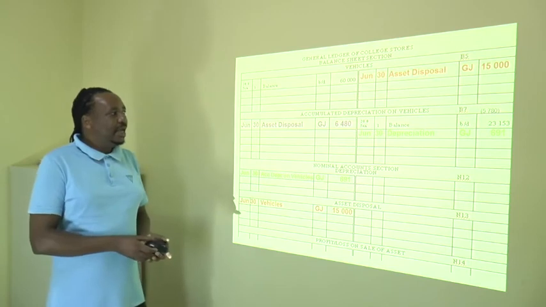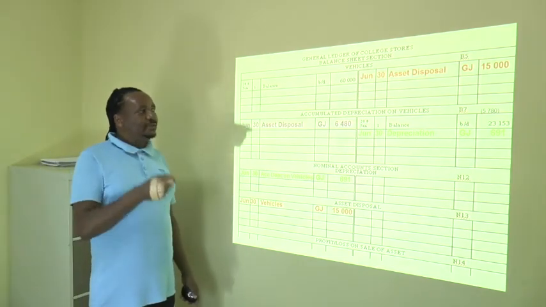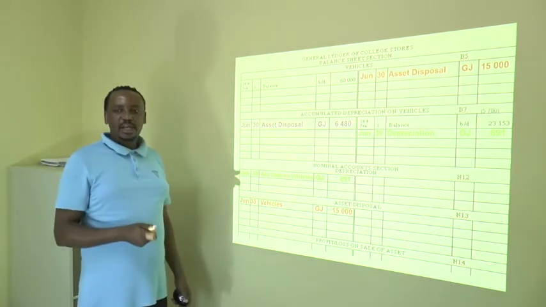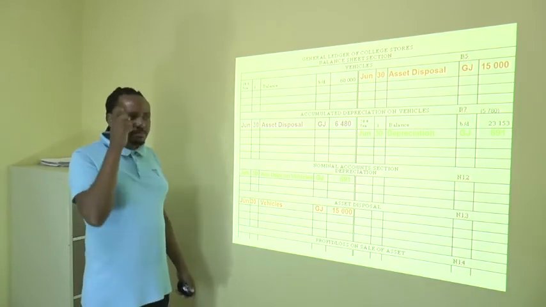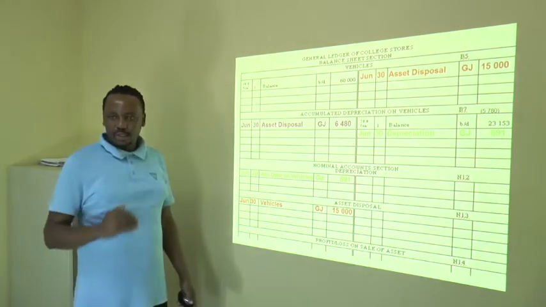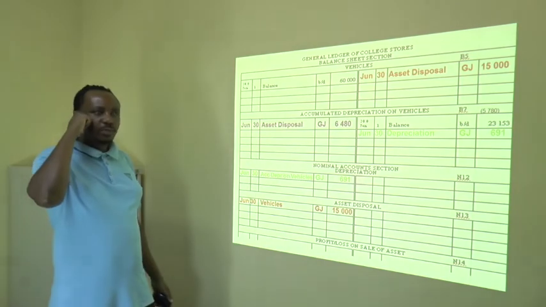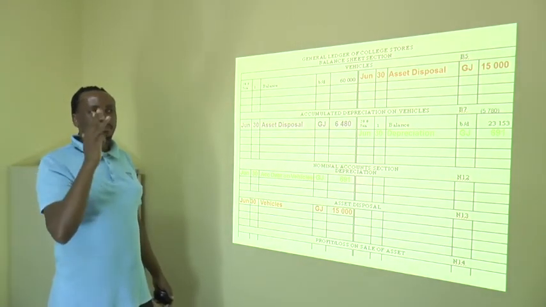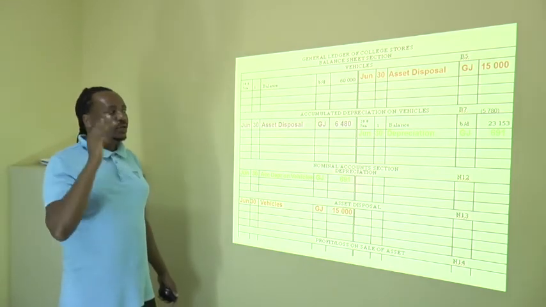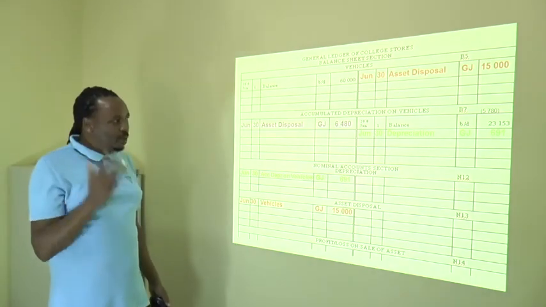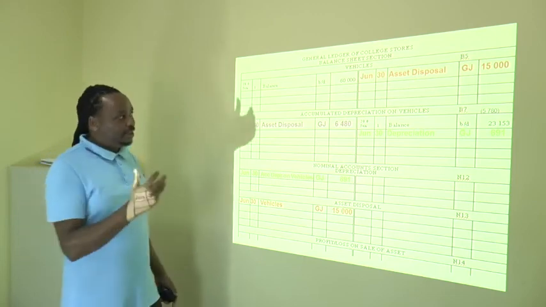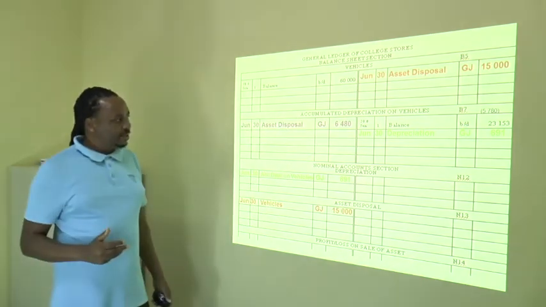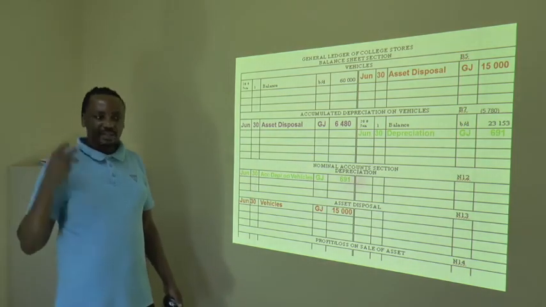That means the depreciation for this current period must be calculated in months where the asset has been within the business. We say March, April, May, June, which means the asset is with us for only about 4 months. If it's the end of June, it's 30th June, it's for 4 months.